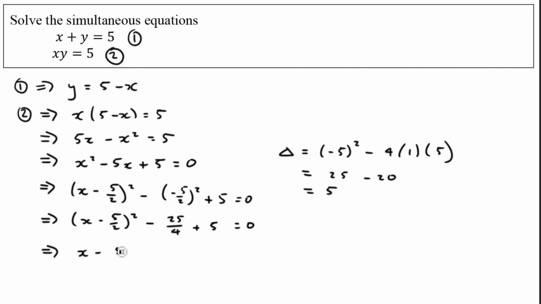x subtract 5 over 2 squared is 5 over 4. So taking the square root of both sides, x subtract 5 over 2 is plus or minus root 5 over 2.